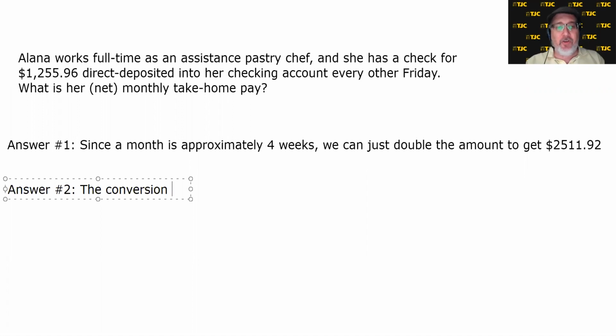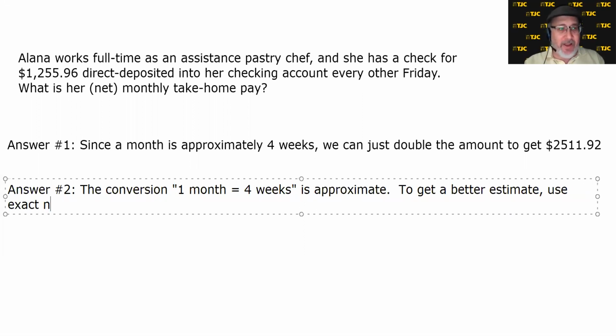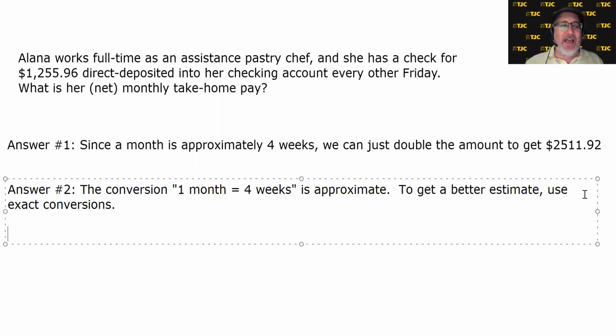The conversion 1 month equals 4 weeks is approximate. To get a better estimate, use exact conversions. Those exact conversions are 1 week equals 7 days.